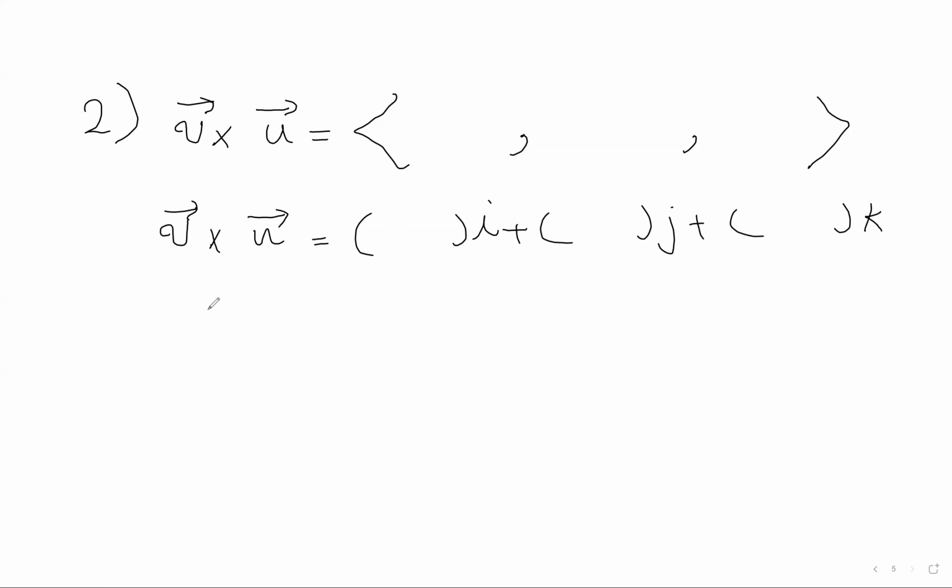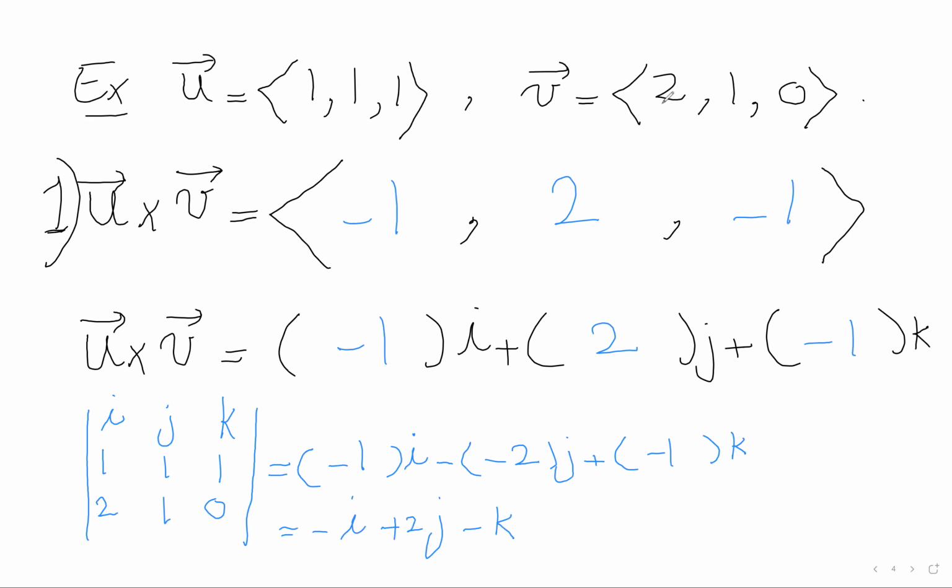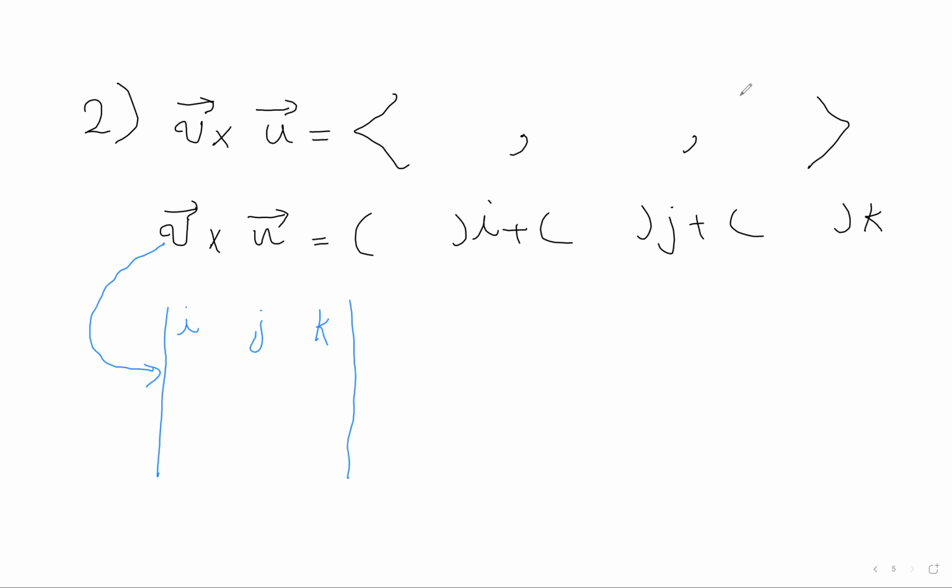Okay, in this case, we have i, j, k on the first row. On the second row, vector v goes there. What was v? v was 2, 1, 0. What is vector u?